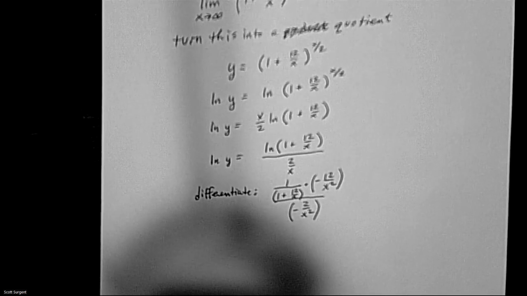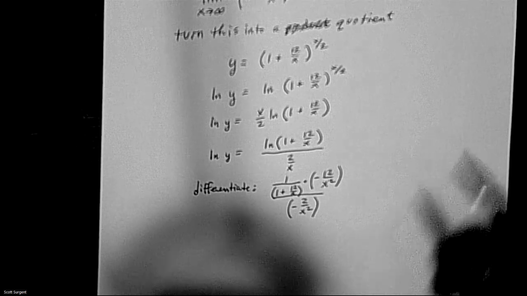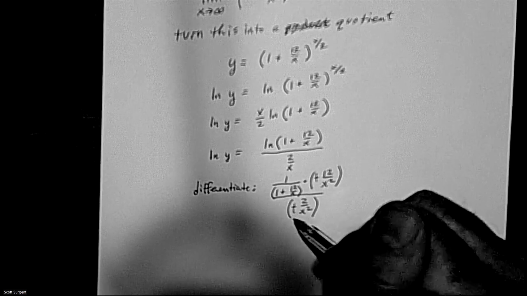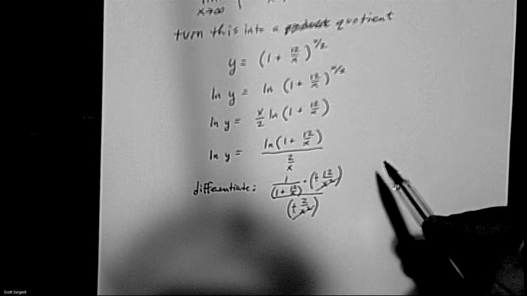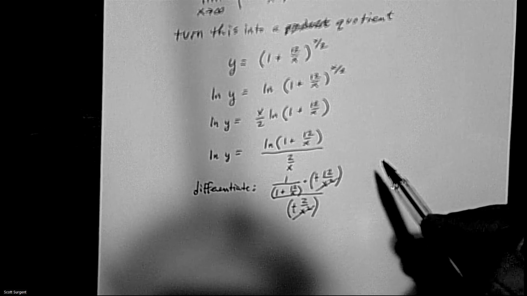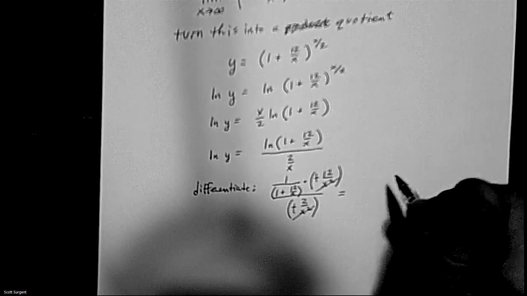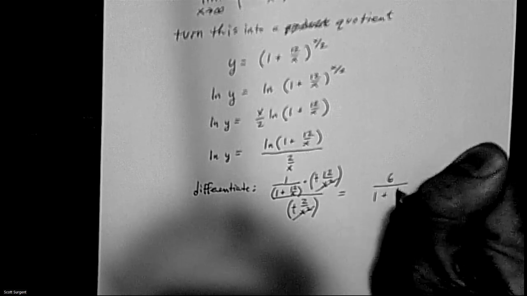I'm using the rule that the derivative of 1 over x is negative 1 over x squared. The negatives cancel. In fact, the x squareds cancel. 12 over 2 makes 6. And so really what I have here is 6 over 1 plus 12 over x.